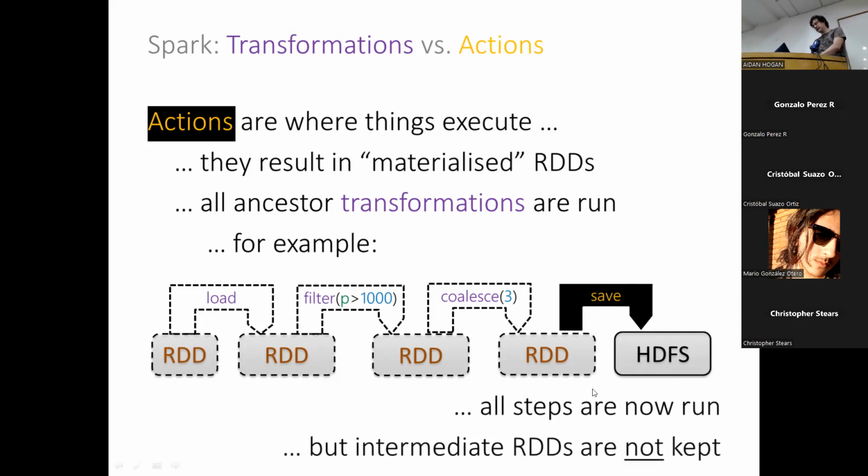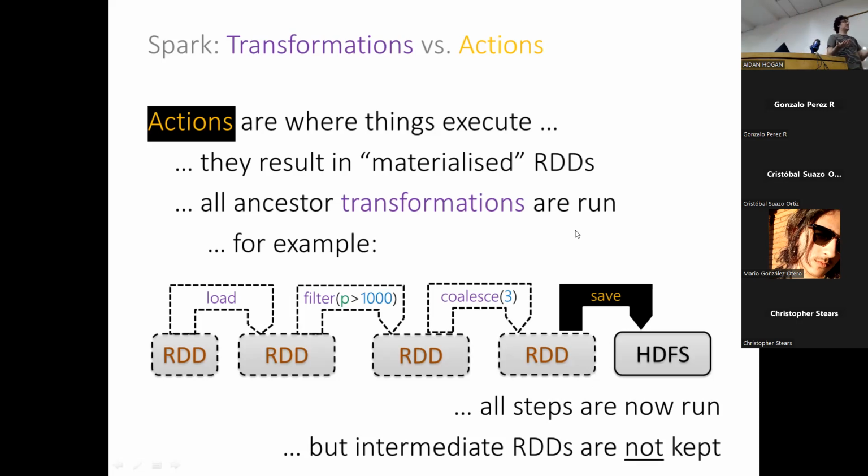It's important to note here that the RDDs are not kept. These intermediate RDDs, these dashed things here, are really just temporary references to an RDD. They're like variables. They don't really exist. So it's possible, for example, if we have a sequence of 3 filters, filter price less than 1,000, filter hour greater than 10, filter client, whatever, that we could actually combine all of those things into one filter with and, and then these intermediate RDDs don't exist.